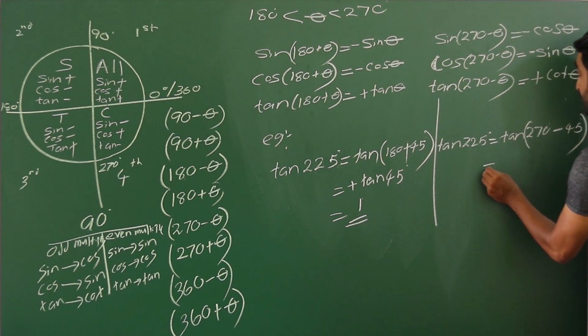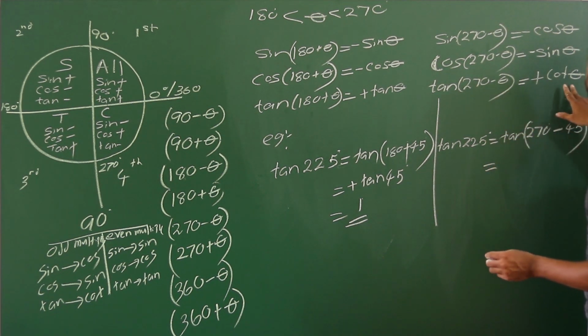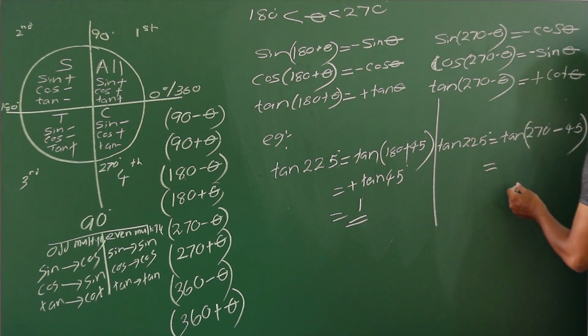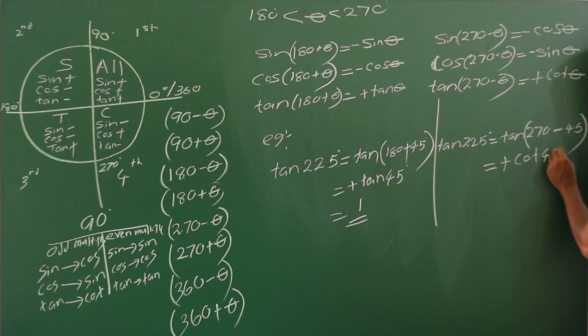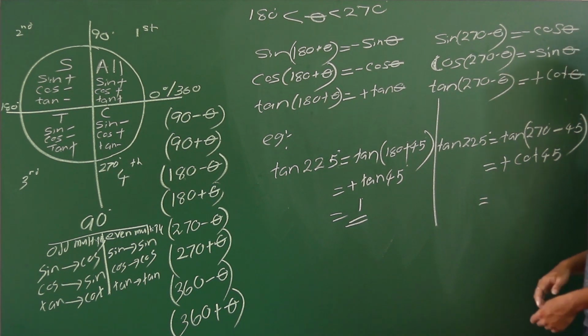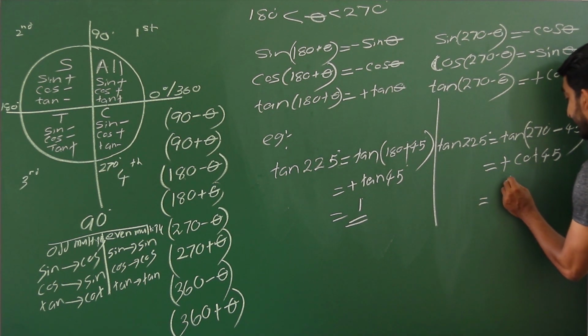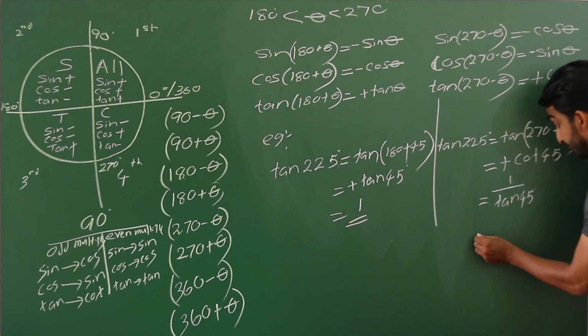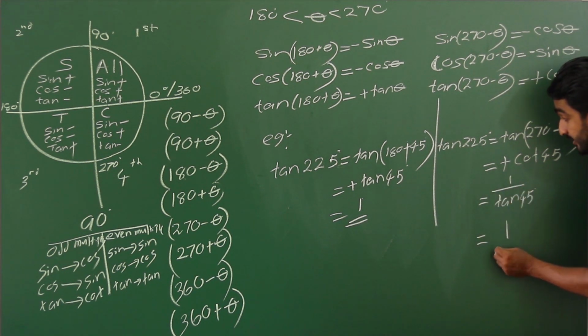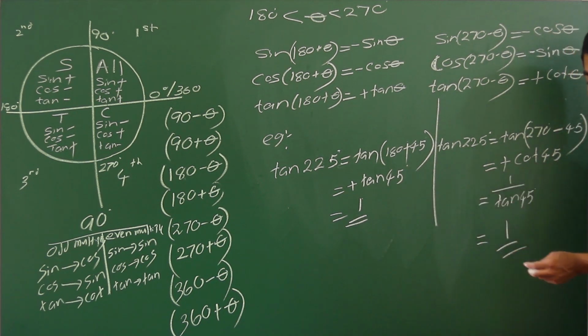So tan(270 minus theta) is plus cot theta, so tan(270 minus 45) is plus cot 45. By the way, cot means reciprocal of tan, so we can write it as 1 over tan 45. Tan 45 is 1, 1 over 1 is 1. Boom, you get the same answer.